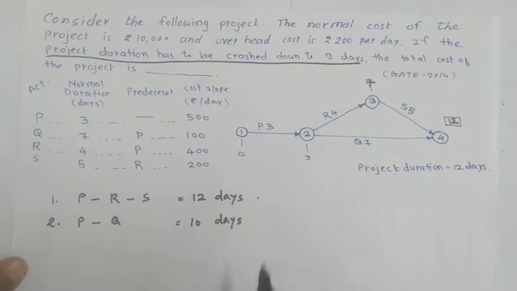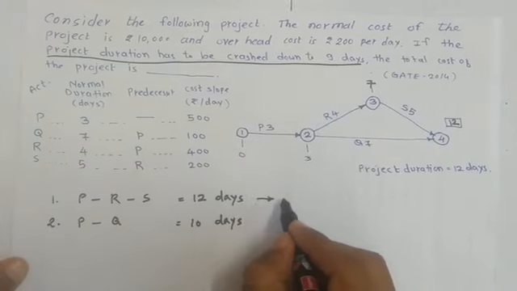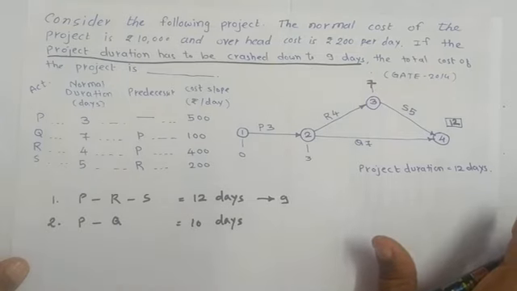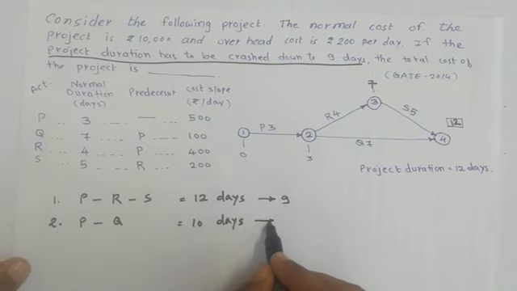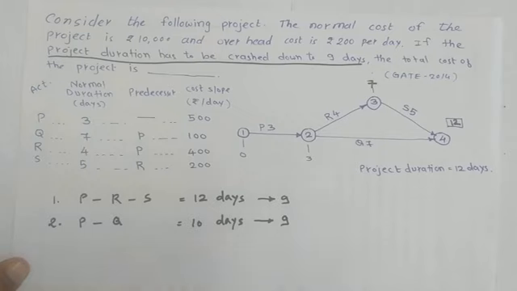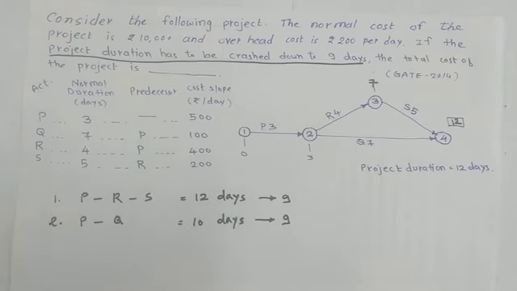So when we are crashing it to 9 days, I have to crash both the paths, PRS and PQ. I have to crash the critical path, PRS, by 3 days and PQ by 1 day.